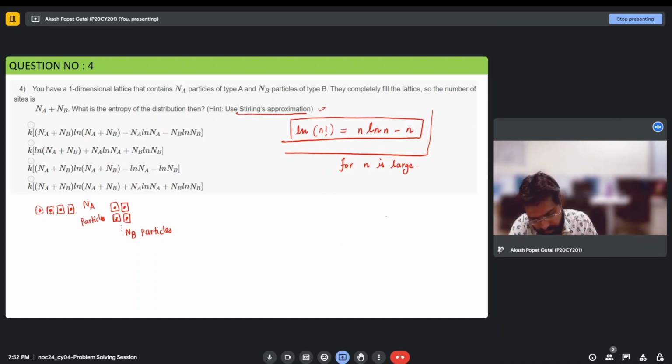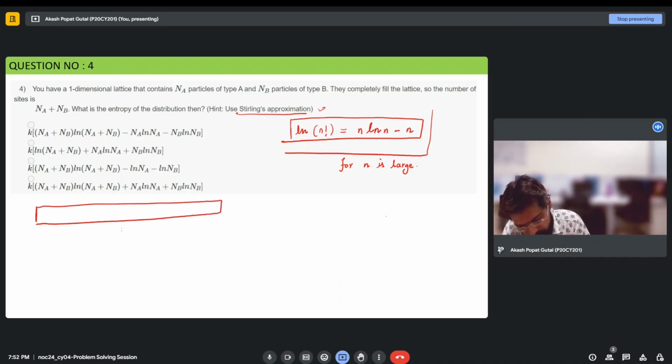Suppose we combine these two. Let me represent it another way. One-dimensional lattice means, let's say, in an elliptic lattice, it's only one dimensional.